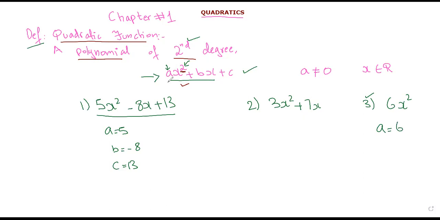So one thing is very clear. Although this is the general form of a quadratic function, it is not necessary to have this and this term, okay? We are going to have the x squared term every time because obviously we need to have the highest degree as 2, okay? This is why every other coefficient b and c could be 0, but a cannot be 0, right?